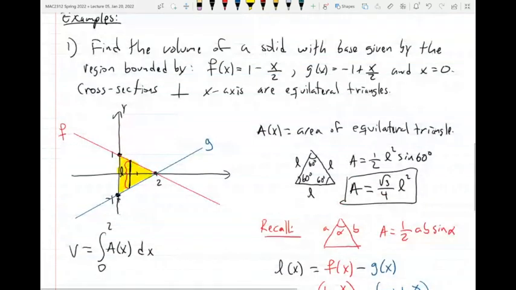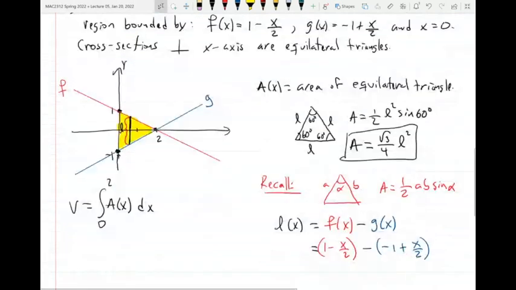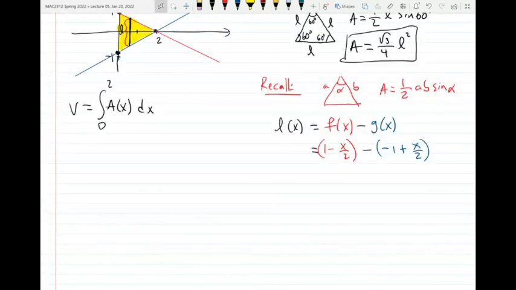All right, so I just put here my formula for F, my formula for G. I just want to combine these and subtract, so we get a nice formula for L, okay? All right, so L of x equals, so we're going to have 1 plus 1, we'll distribute the negative, so that's a 2. And then negative x over 2 minus x over 2, that's negative x, right?